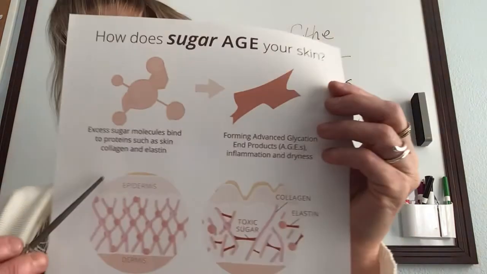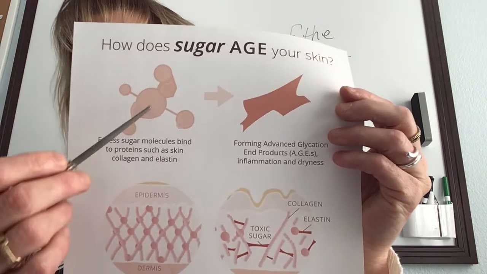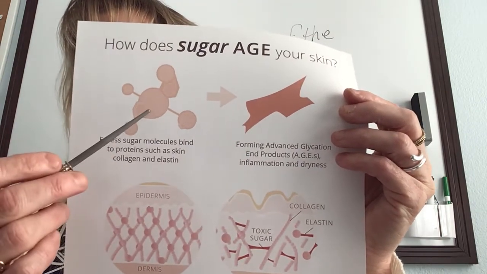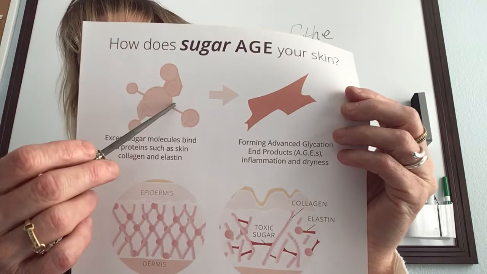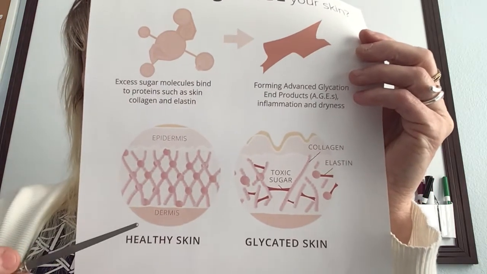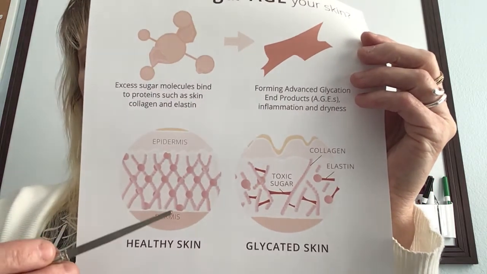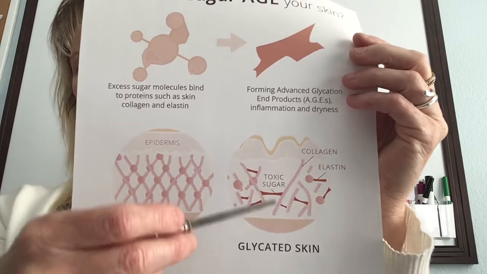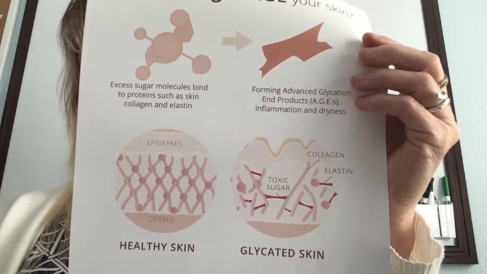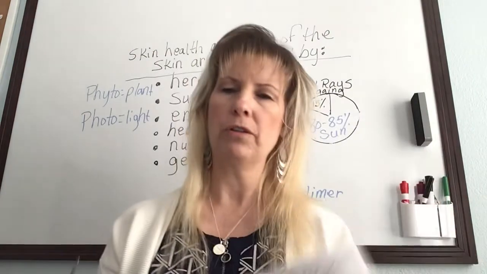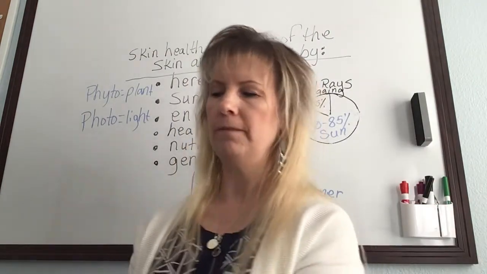So here I just want to show you. Here you can see there's a protein molecule, and the sugar binds to it. And what it does, this is healthy collagen, and glycation breaks down that collagen by binding to that protein collagen.